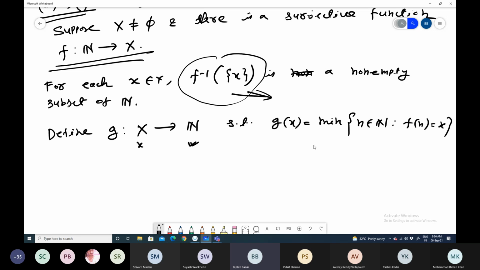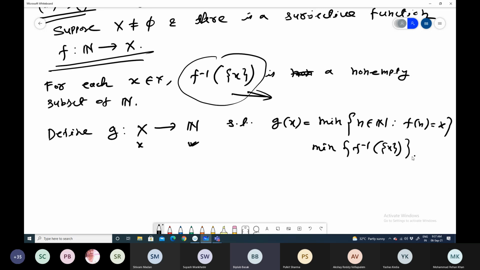In other words, we take the minimum of the set f inverse of x. Is that clear, Rehan? Fine, right?